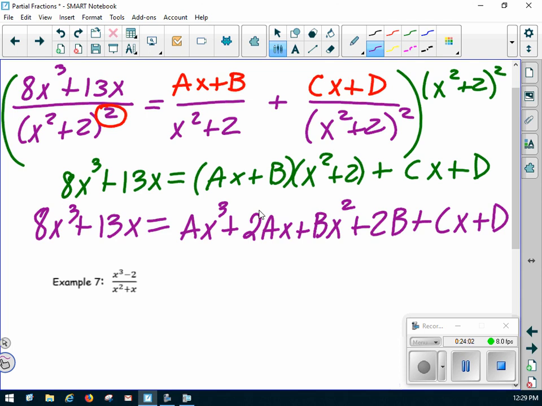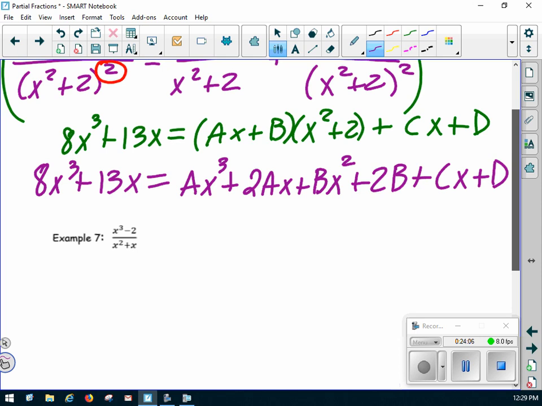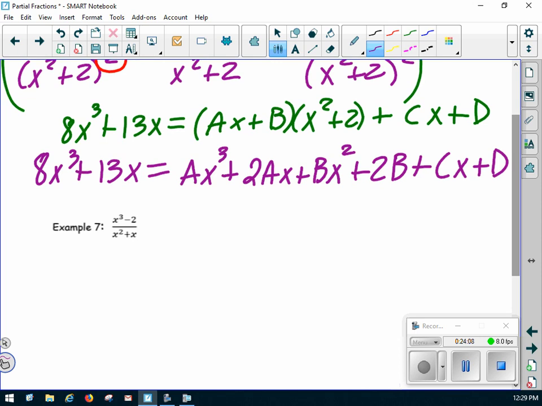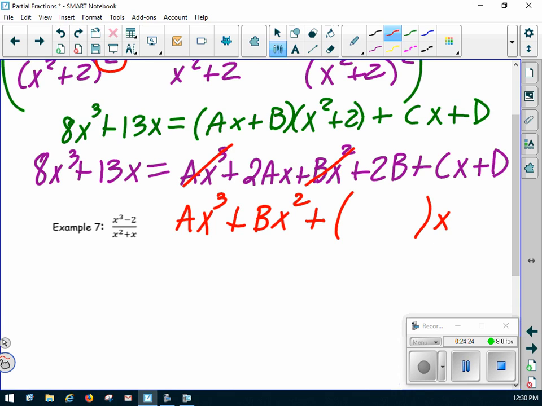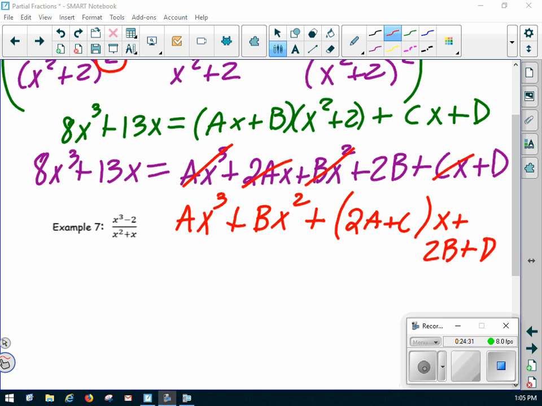I do not have my notes memorized. It's on the inside of my glasses. That's right. So I got ax cubed plus bx squared plus, what's x? Hang on. What's x? 2a plus c plus d. We'll finish it after lunch.